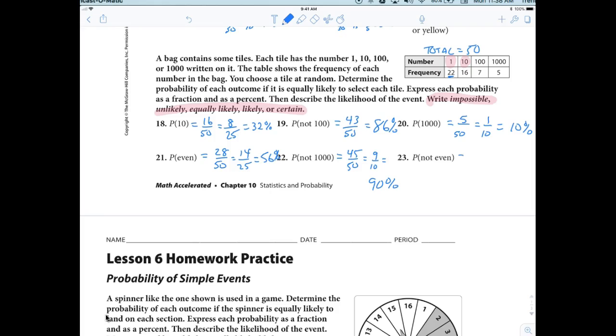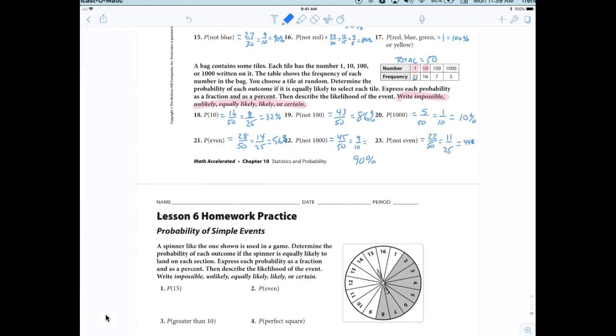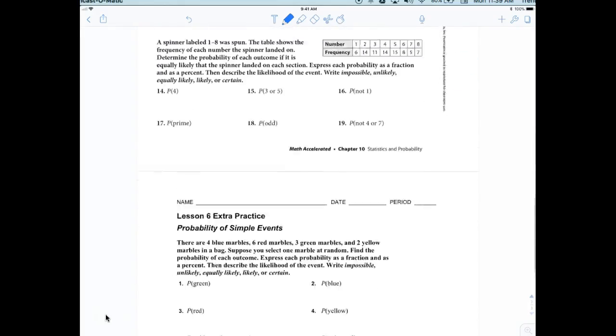Yes, that is correct. 22 out of 50, but I need it reduced, please. It would be 11 over 25. Yep. And then what percent? 44%. Perfect. No issues. Everybody agree how simple that is? All right, a good little review.